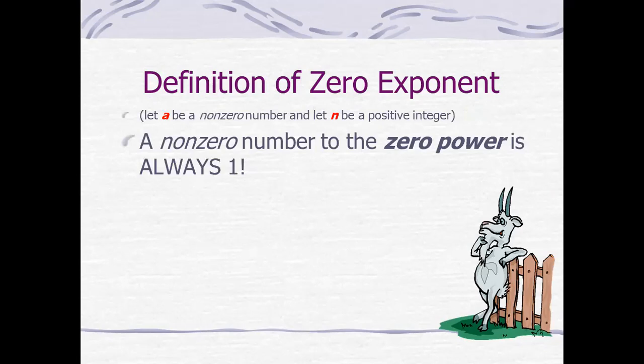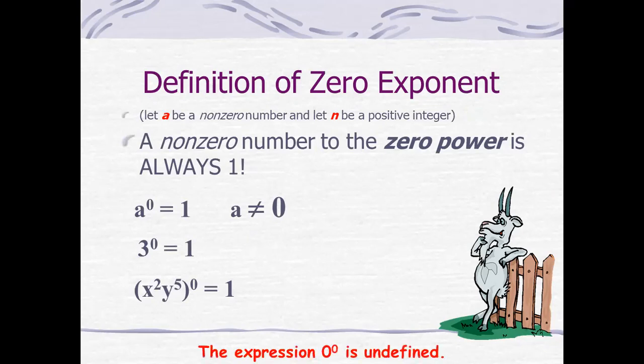A non-zero number to the 0 power is always 1. So a raised to the power of 0 equals 1. 3 to the power of 0 equals 1. x squared y to the power of 5, raised to the power of 0, is equal to 1.